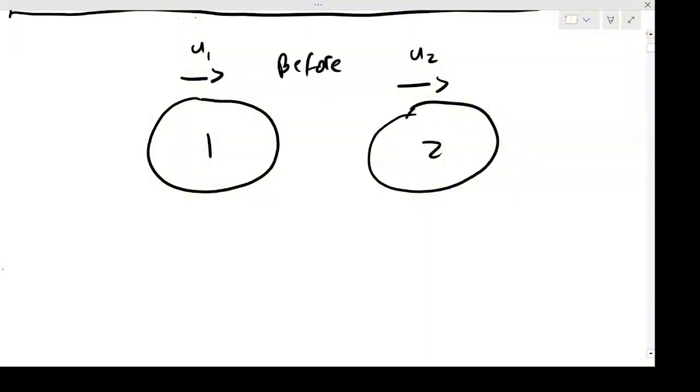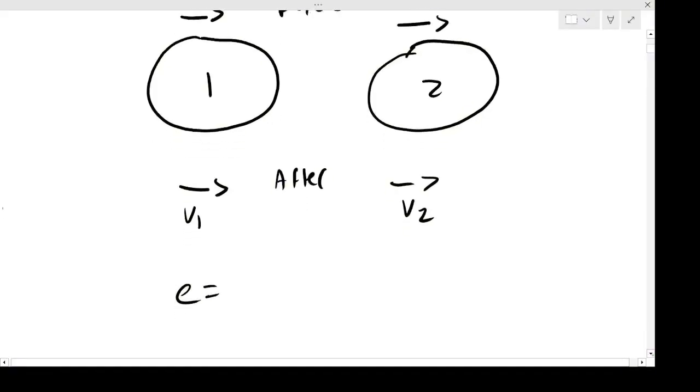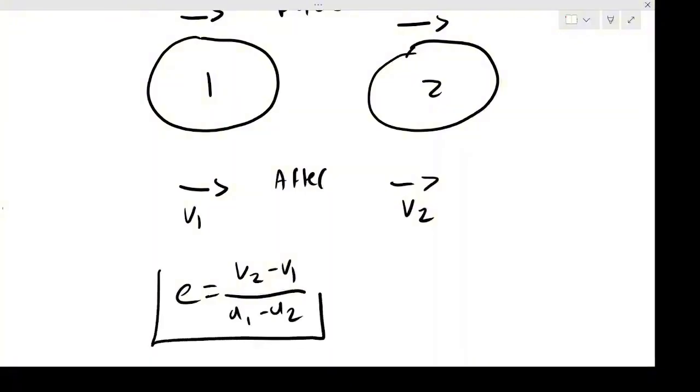Then afterwards they collide, and that means ball 1 has speed v1 and ball 2 has speed v2. Okay, so these are my speeds afterwards. Hopefully we're happy with that. We can calculate E in this way by saying we do v2 take away v1 over u1 take away u2. Okay, that's how we can calculate E in a more mathematical way.